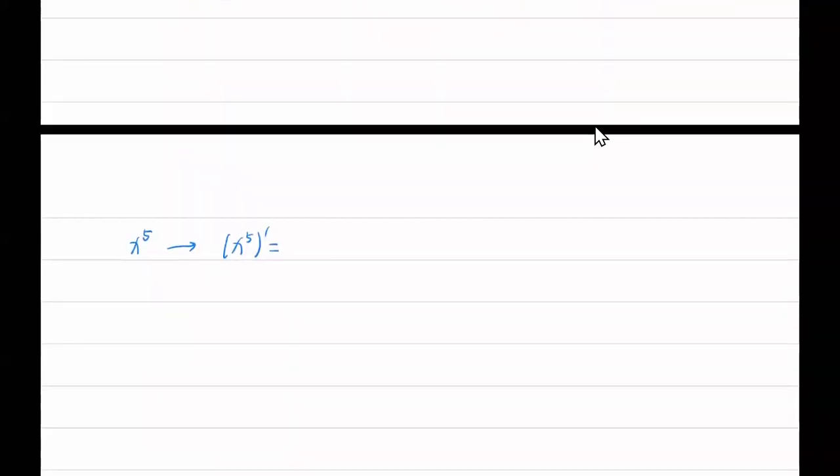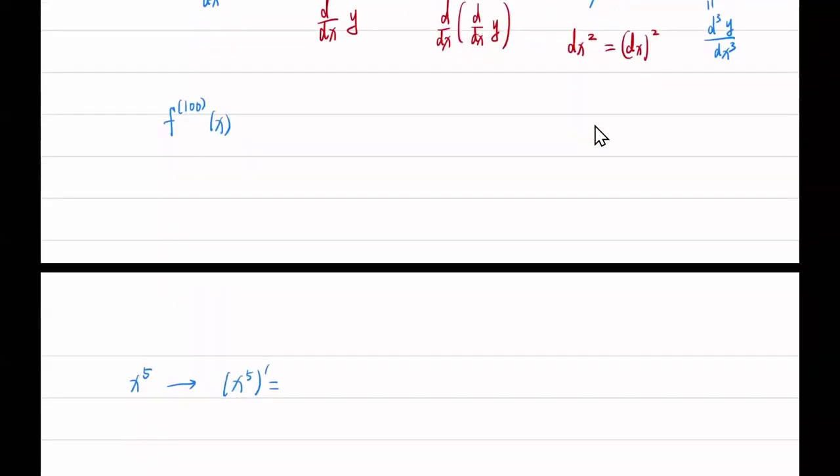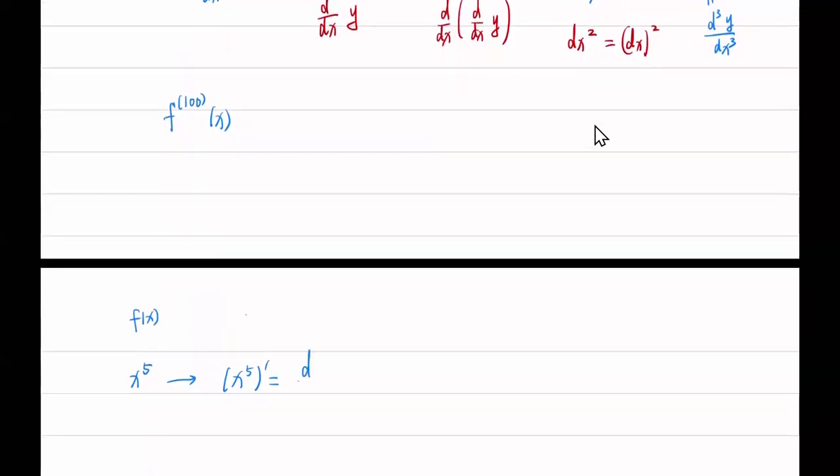Let's try something more manageable. Let's try x cubed. Derivative function. So this is just f(x). Sometimes we use this notation for the derivative of x to the fifth. So f'(x) as the derivative.